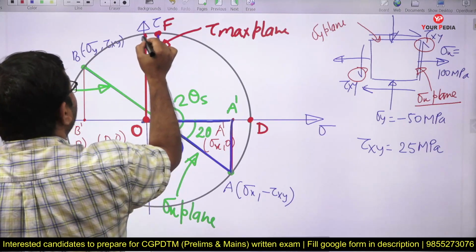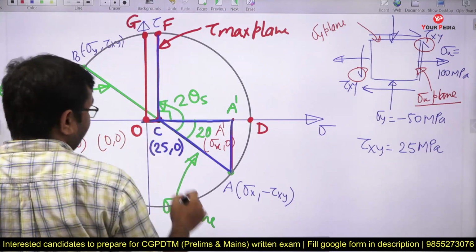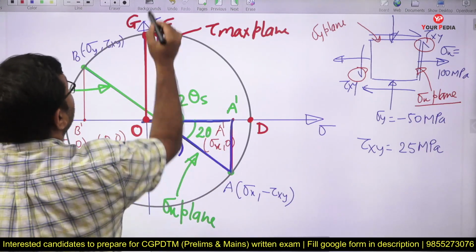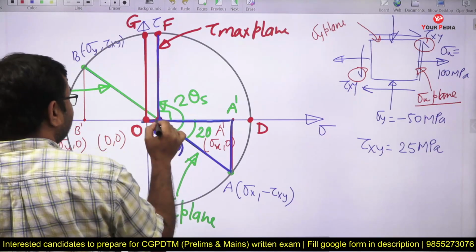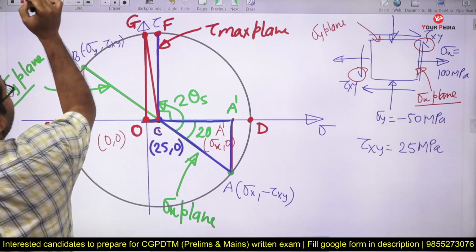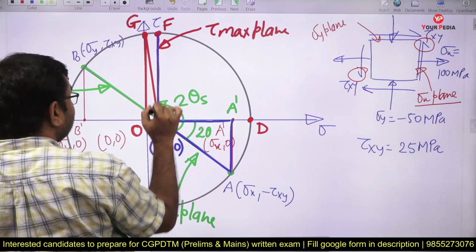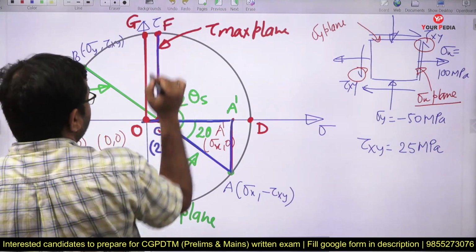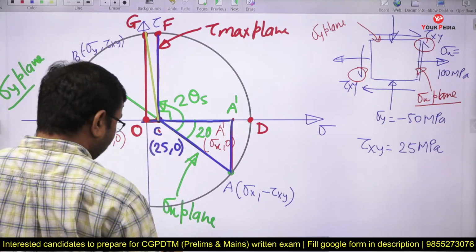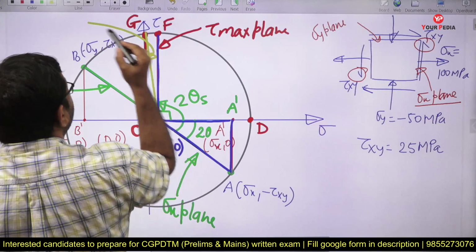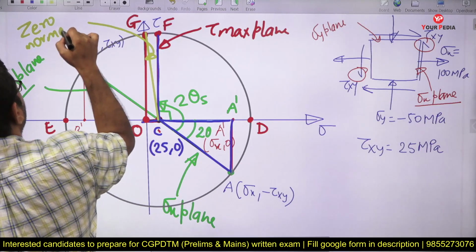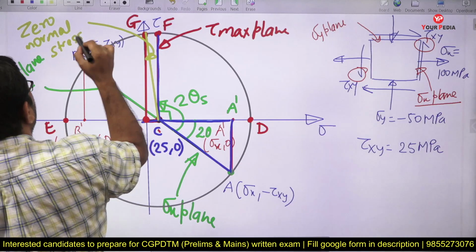So actually you need to determine this distance. Let's say this is CG. But in which plane does this 0 normal stress act? So simply if I join the center of the Mohr circle to this point G, yes or no, then you will get the 0 shear stress plane. Correct? This yellow color plane is called the 0 shear stress plane, and we need to calculate the shear stress on the 0 normal stress plane.